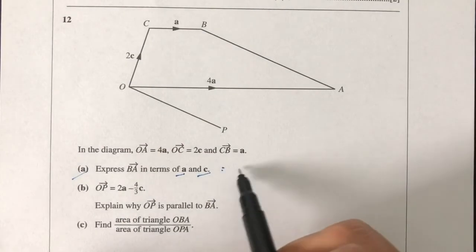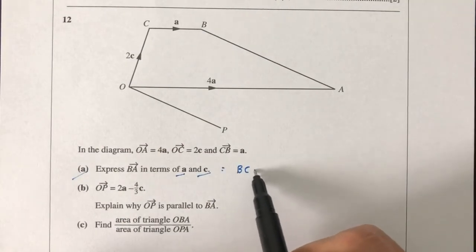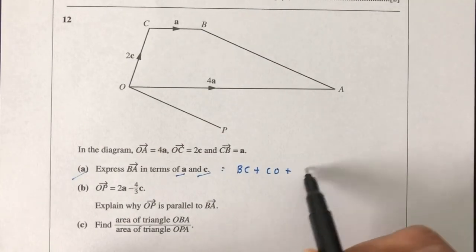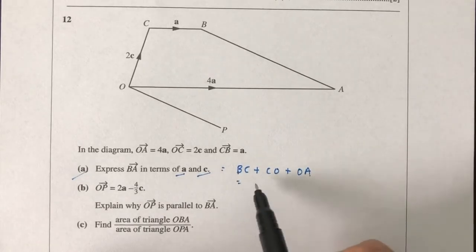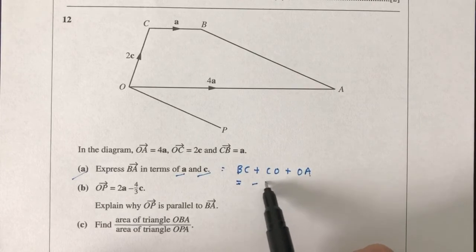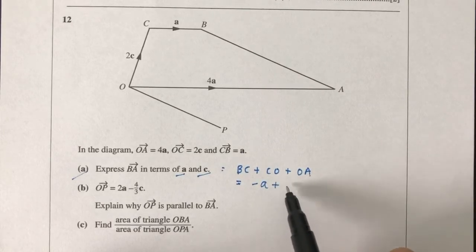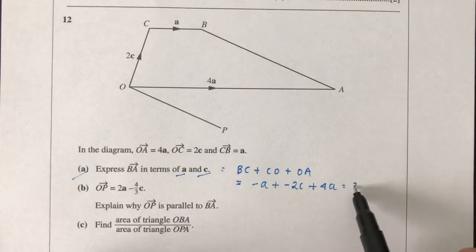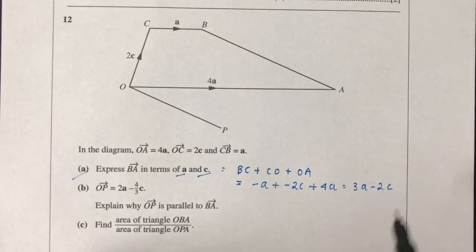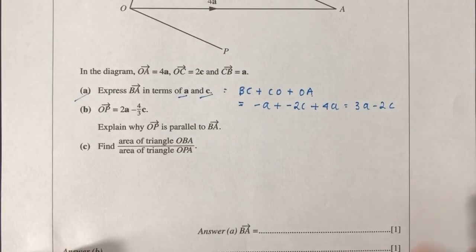So B going to C, C going to O, and O going to A to find B to A. So BC equal to minus A plus CO is minus 2C, OA is 4A. That becomes 3A minus 2C. That will be your value for part A.